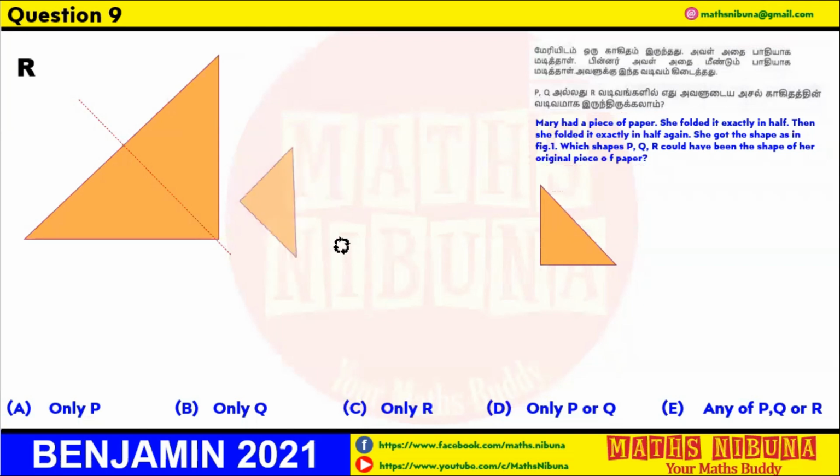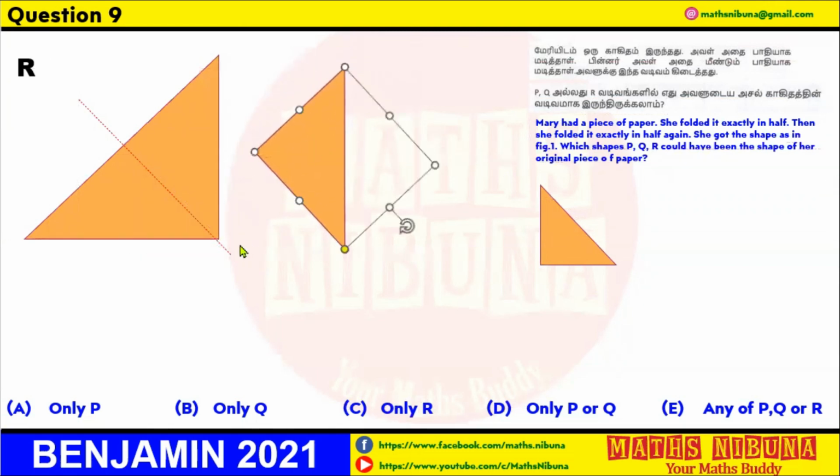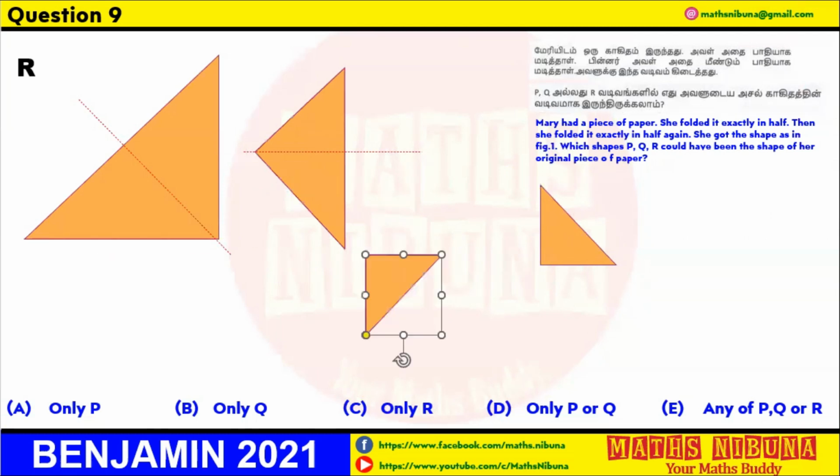So you get something like this, where this is the constant 90 degrees. Let's say you make it like this roughly. Now she wants to flip again. Let's say now she flips horizontally like this. When she flips, this one is 90 degrees, and then you'll get something like this.